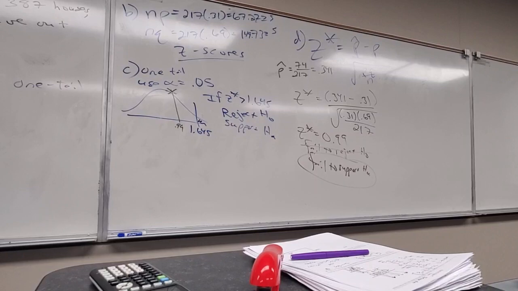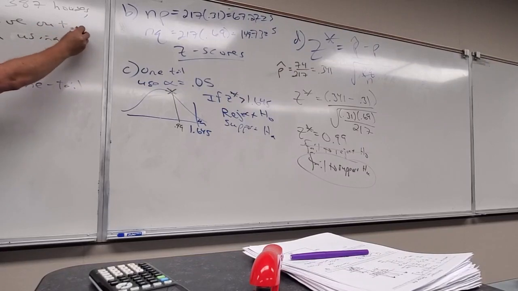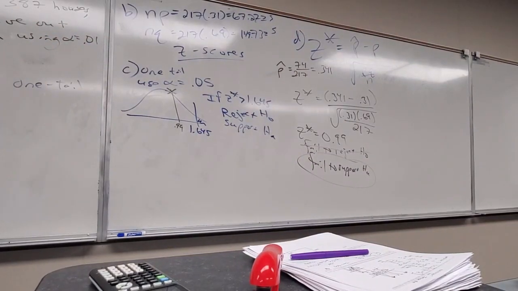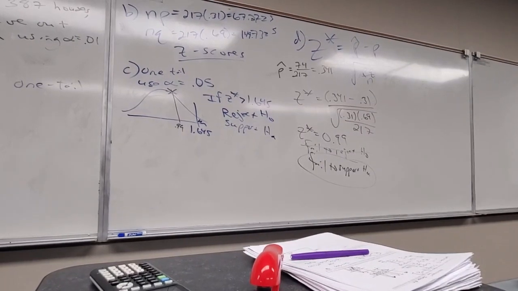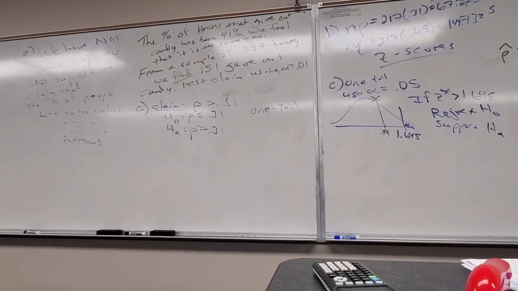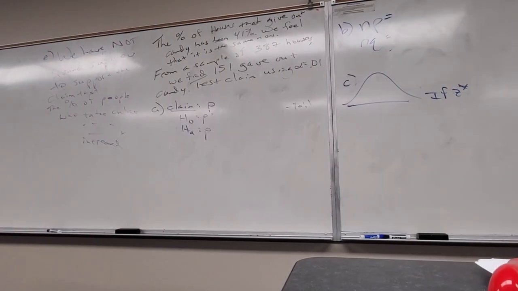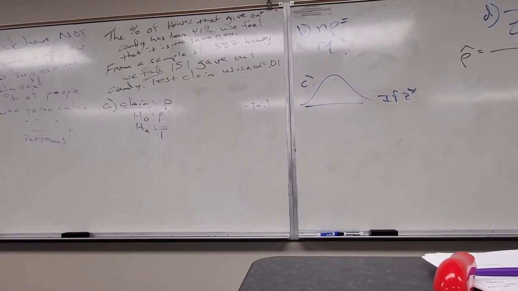Test the claim using alpha equal to 0.01. Okay. Can you guys all read that? Make sure the people at home can. Catch up to you guys.